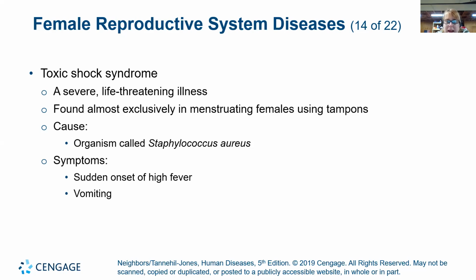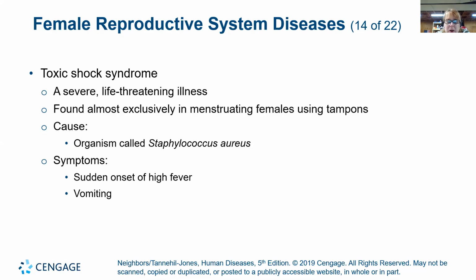And what this allows is for Staphylococcus aureus to grow inside the upper level of the vagina, and it can spread to any parts of the female system, and you become septic from it.